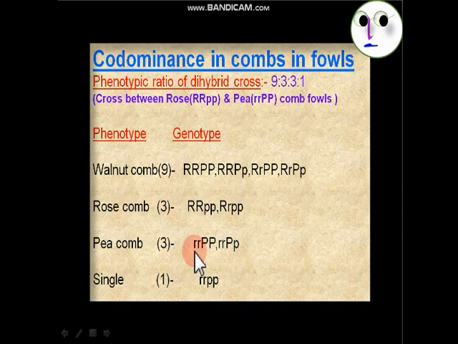If the R gene is recessive, pea comb appears. But if both dominant alleles fuse, they form a new variety comb, that is walnut comb, which is present in the Malaysian breed. So this is about codominance.